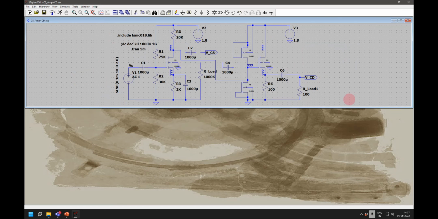Is it working, or what is the error which it said? A resistor is open. Okay. Load should be connected. Load resistance is open, sir. Okay. Let me do some connections.